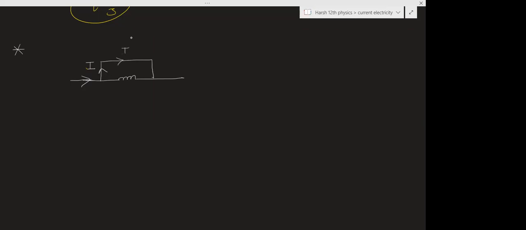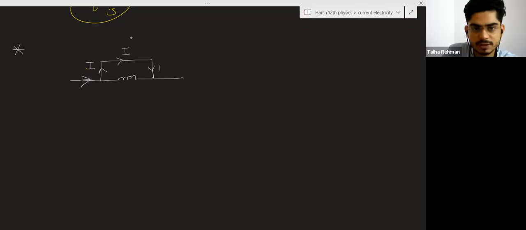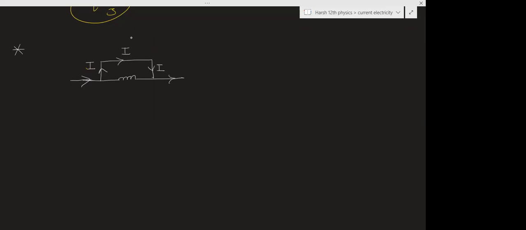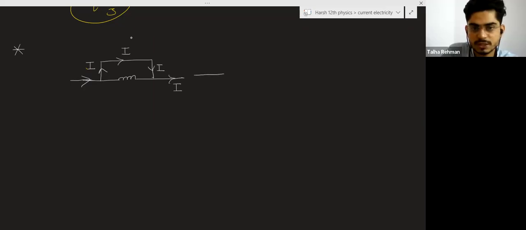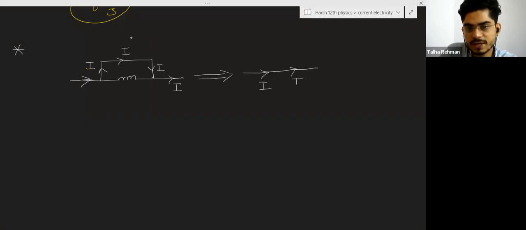No current will go in the resistance. So you can just remove this resistance from here. You can make this as a single wire, because in the circuit the existence of resistance is there only with current. If there is no current in the resistance, then we will remove it from the circuit.